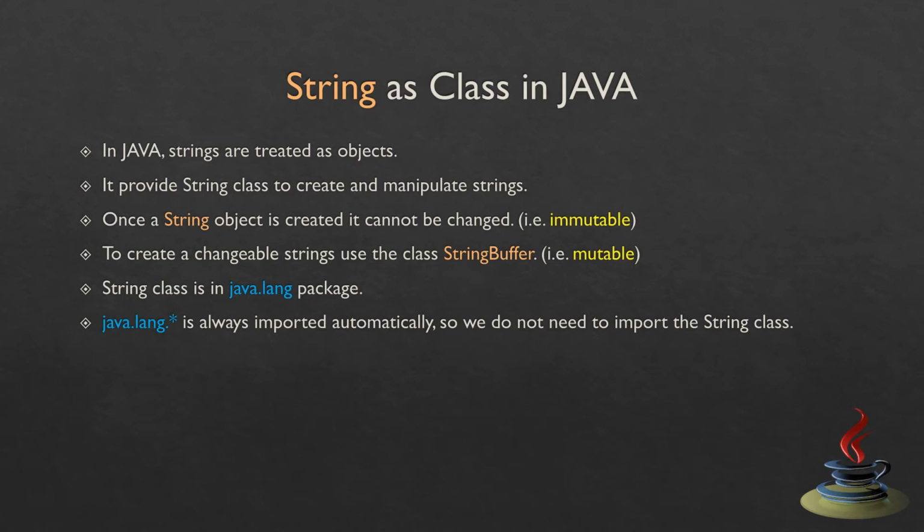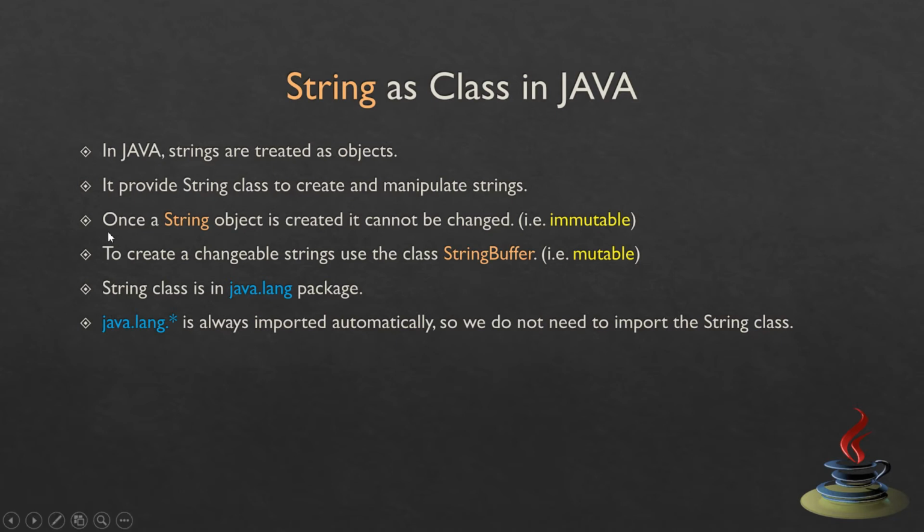Okay, so let's go to our points. In Java, strings are treated as objects, as you know. It provides the String class to create and manipulate strings. That means in the String class, you create a string as well as you can manipulate that string by using various kinds of string methods.